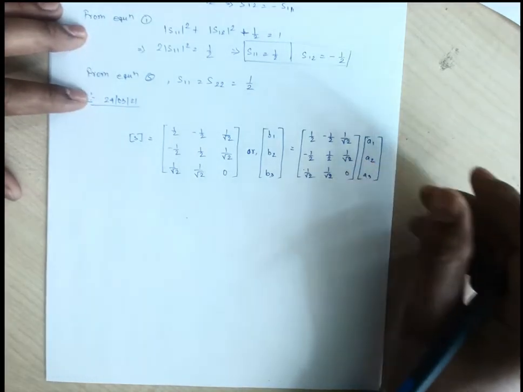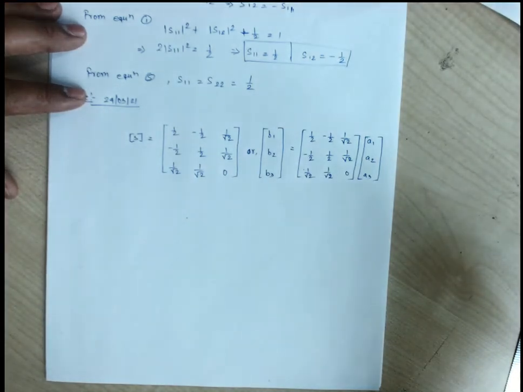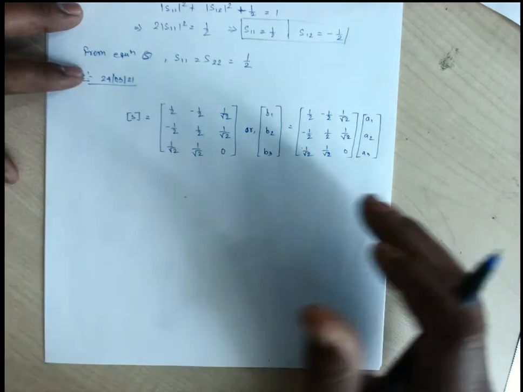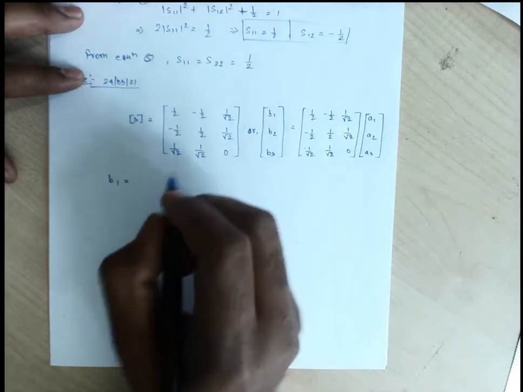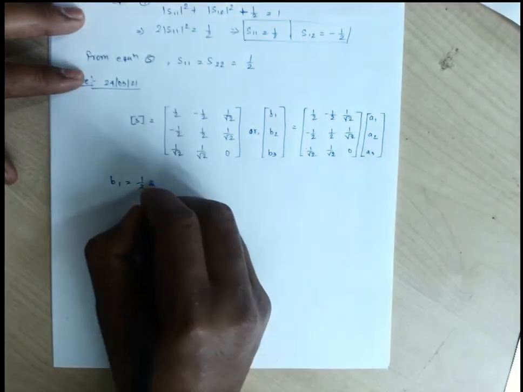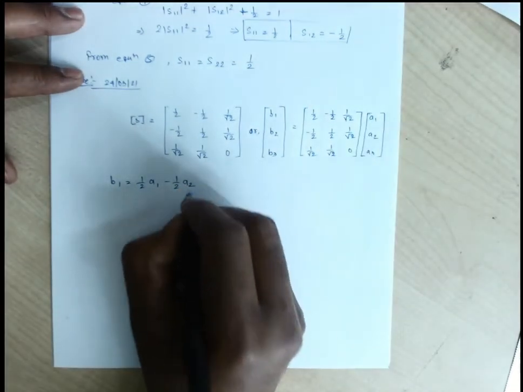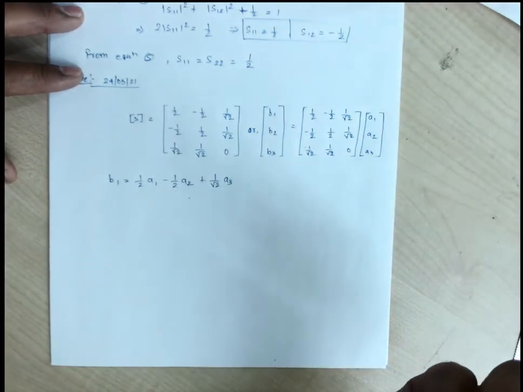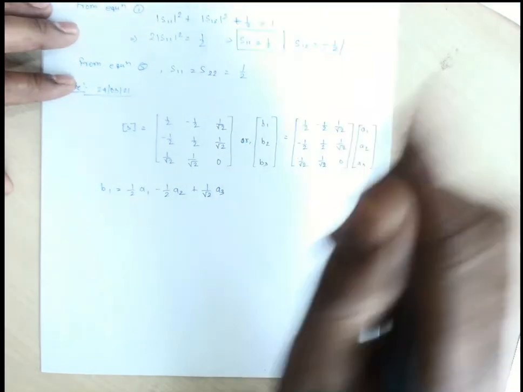So from this relation, we can find out the expression for the reflected signal in terms of the incoming signal, that is the transmitted signal towards the load. We can write like this: B1 will be half of A1 minus half of A2 plus 1 by root 2 A3. It is the continuation of this, that is equation number 5.